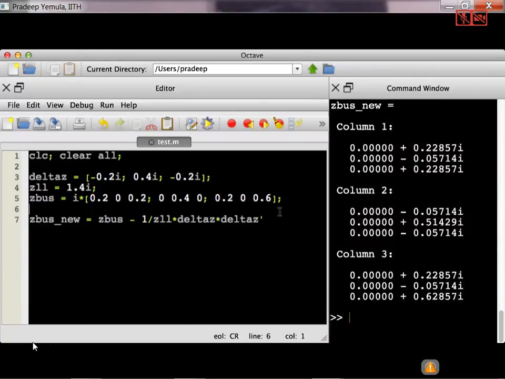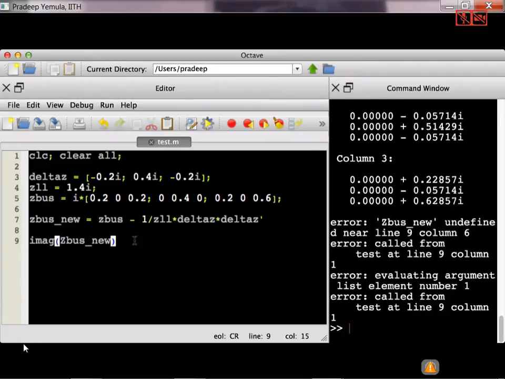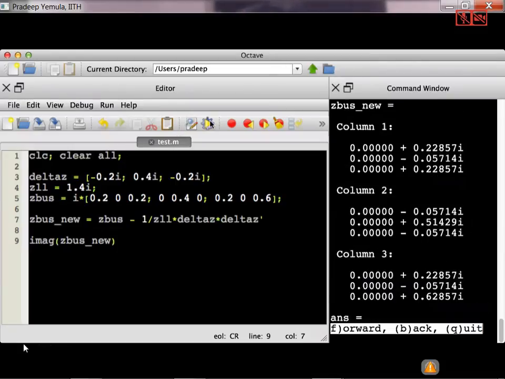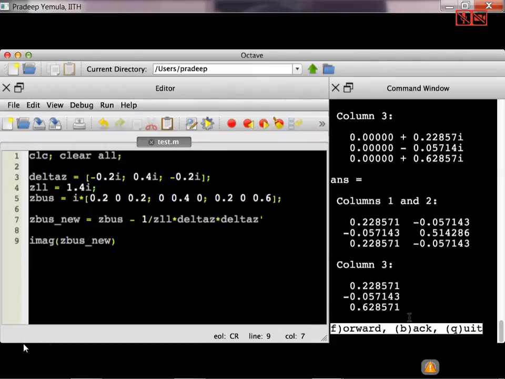Let me just display the imaginary component of Z bus new. So this is my Z bus.